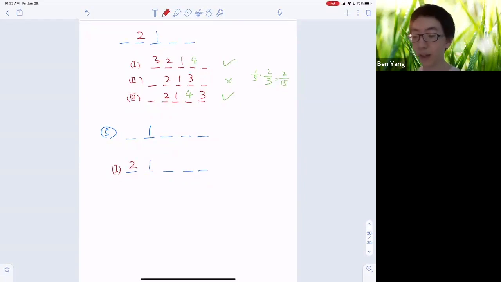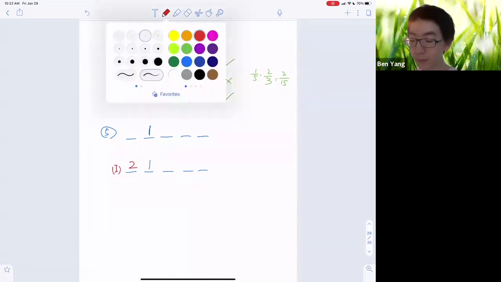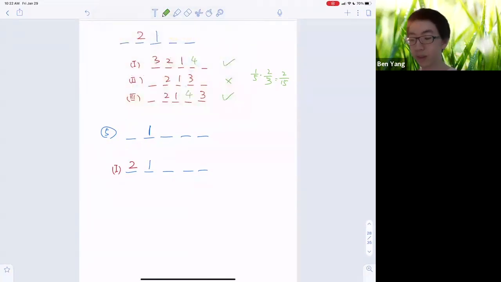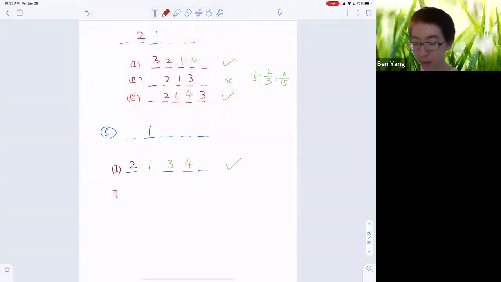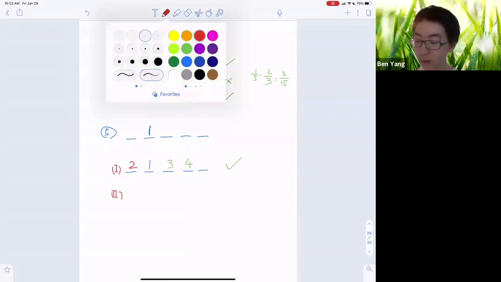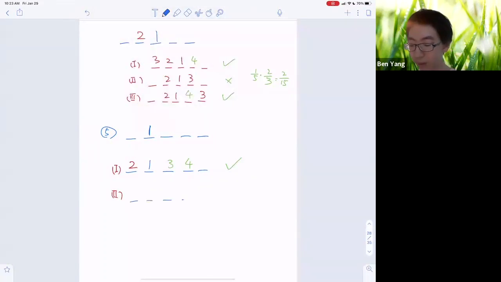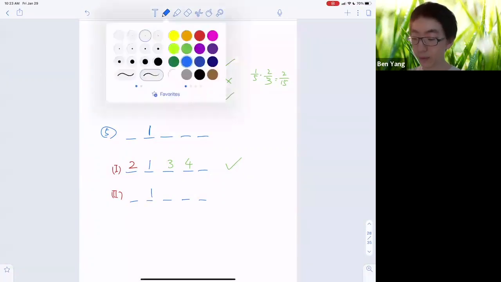Then everything's okay because the third person is going to take the seat number 3. The fourth person is going to take the seat number 4. So everything's good. Second subcase, the second person might take the seat number 3.